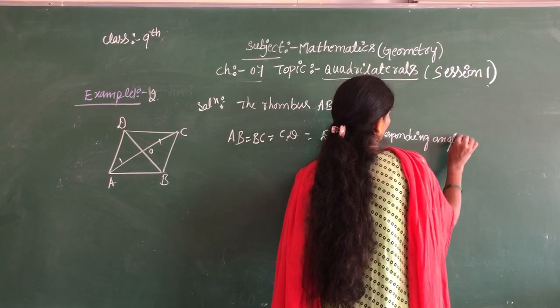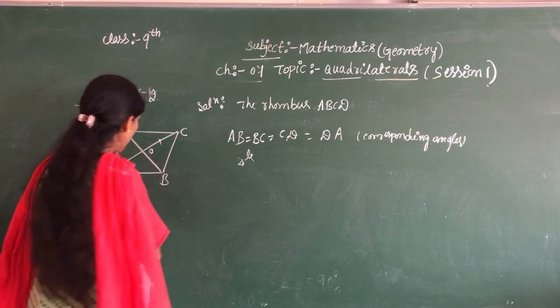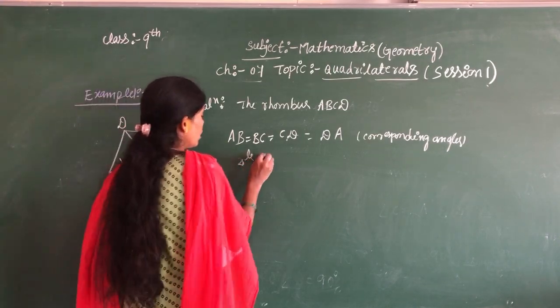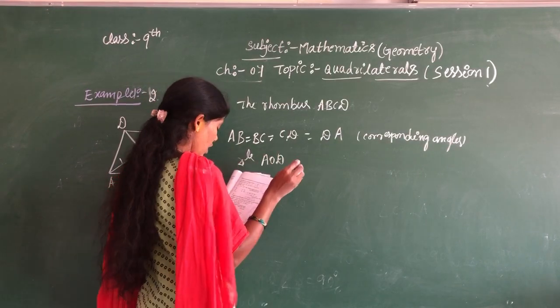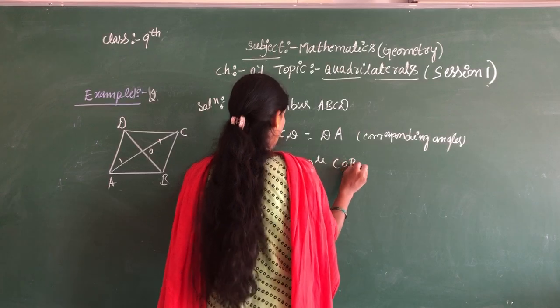Okay children. Next, triangle AOD and triangle COB.